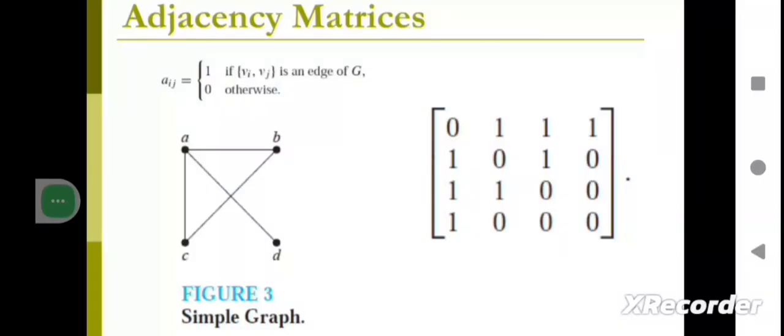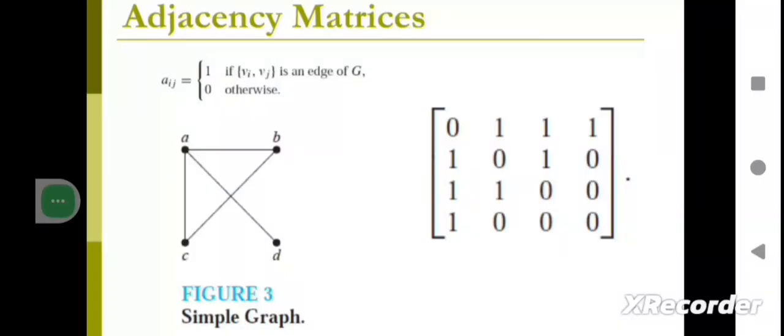Similarly third row: C to A there is a path, therefore that value is 1. C to B there is a path, therefore that value is 1. C to C there is no loop, so that value is 0. C to D there is no connection, therefore that value is also 0.